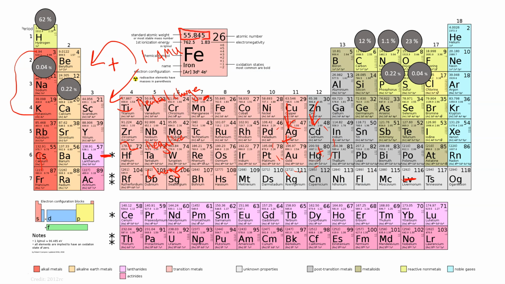This basically tells you something about how heavy they are. What determines how heavy they are would be the number of protons plus the number of neutrons. The electrons have a mass so small that we usually consider it negligible.